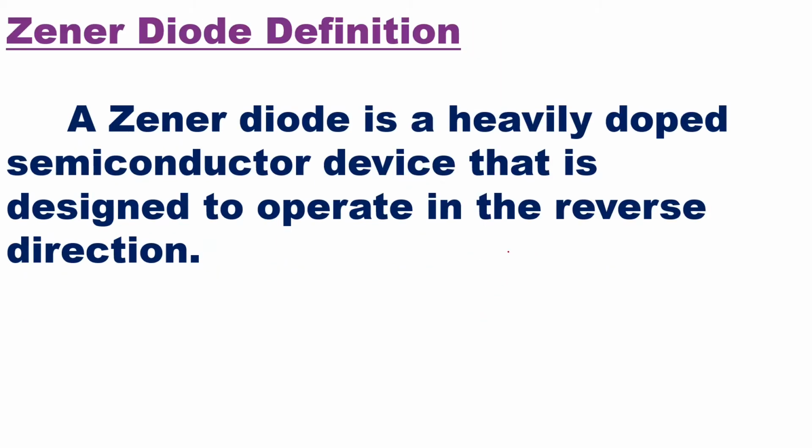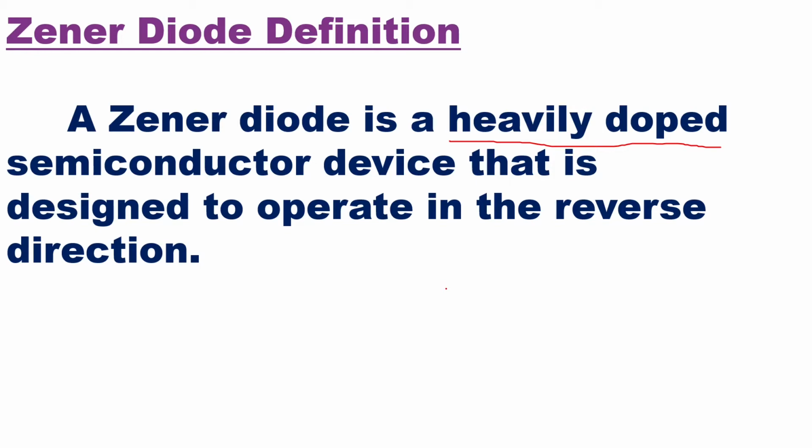Now, a Zener diode is also a semiconductor diode, but the difference here is that it is a heavily doped semiconductor diode. This word heavily doped, you will understand once you know what doping is in semiconductor devices.